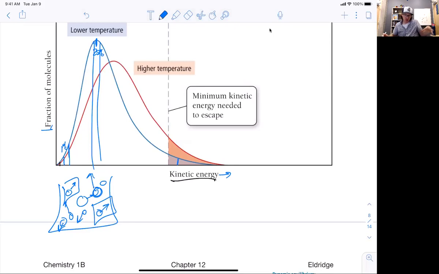So under the curve, you got a total of 100%. But what you're seeing is that some of the chemicals have low energy, some have high energies, and most of them have sort of a common middle energy. And this is a standard curve.